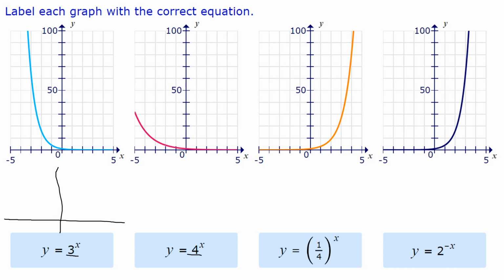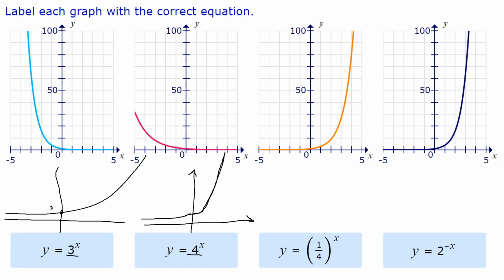Let's say we have something like this, right? This will be 3, right? But notice how the graph works. If it would be something like this, where it's 4 to the x, it would be a lot steeper.